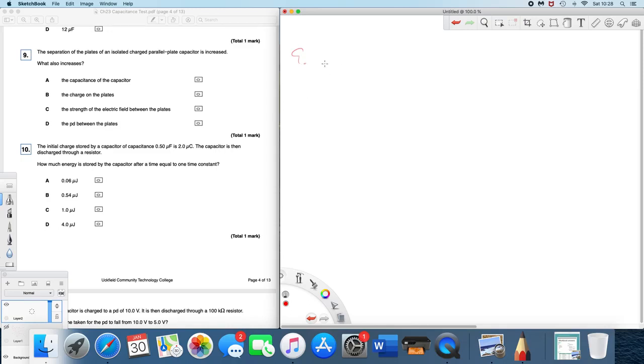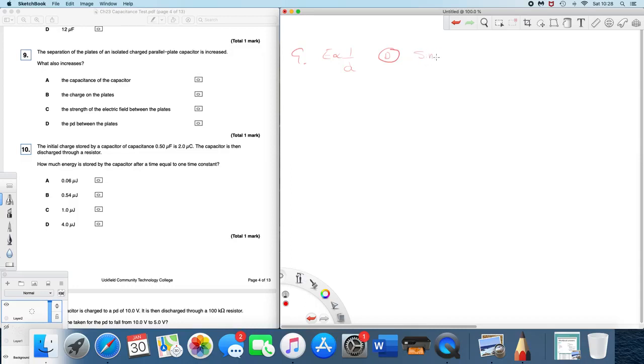The charge on the plates, well, that's not going to happen, because A doesn't happen, and C isn't going to happen, because actually the electric field strength is inversely proportional to the distance, so the opposite would happen. And you might say, well, the answer has to be D, because it isn't A, B or C, but let's explore the reasons for that.